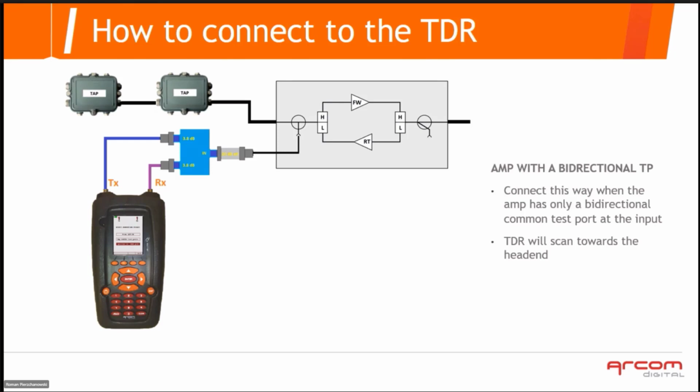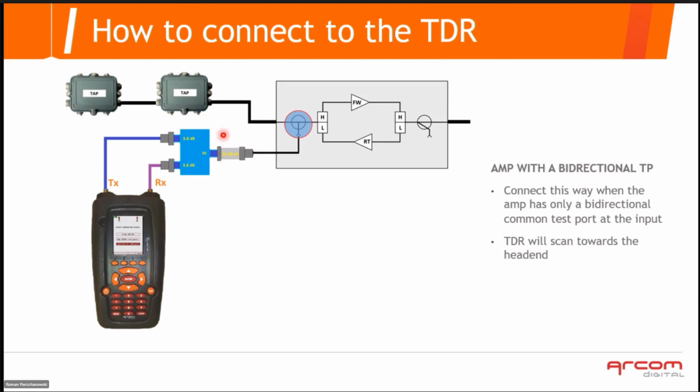Sometimes amplifiers are equipped with bidirectional resistive test port at the general input of the amplifier. And in this case, you can also scan, but you will use this network. There is in a kit with the Quiver a carefully selected type of a splitter with a 20 dB pad.